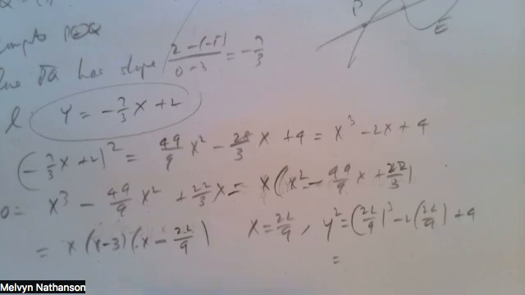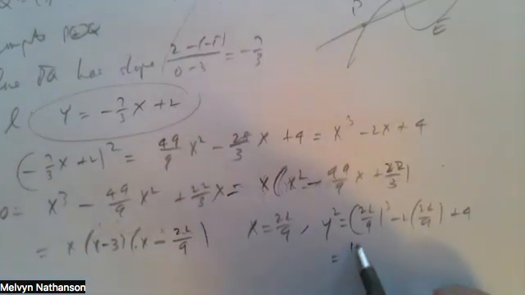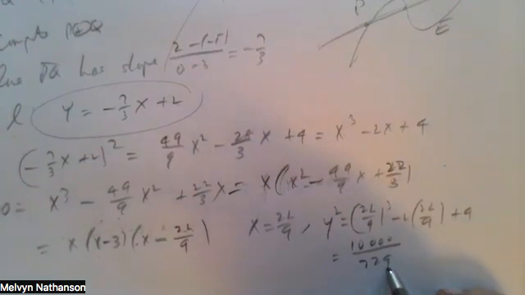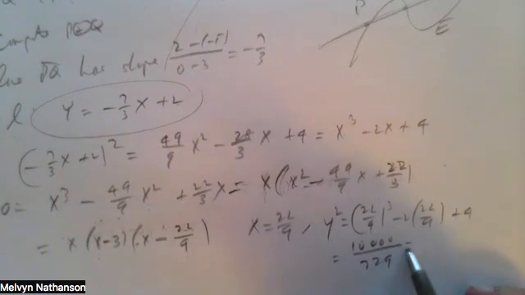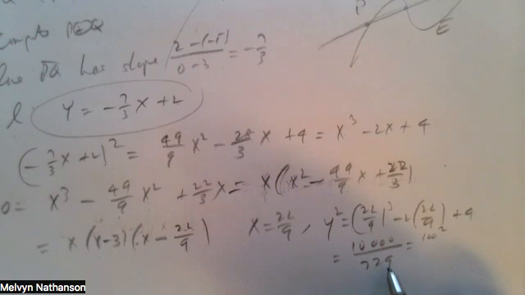is equal to 10,000 over 729. 10,000 is 10 to the 4th, or 100 squared. 729 is 9 times 81.